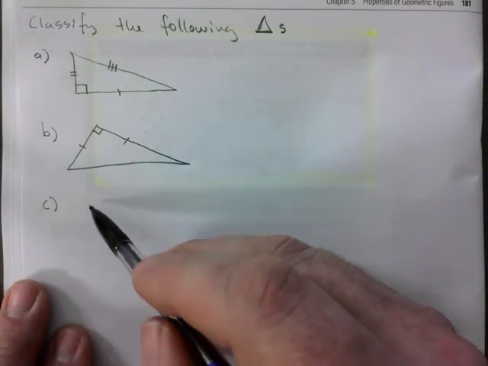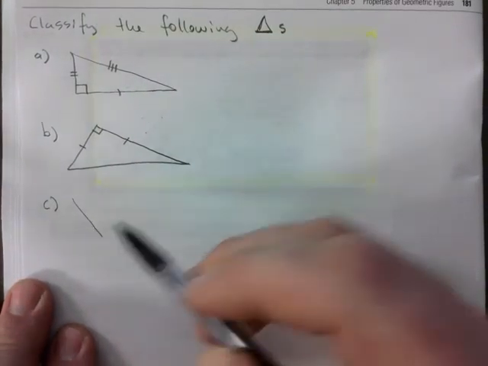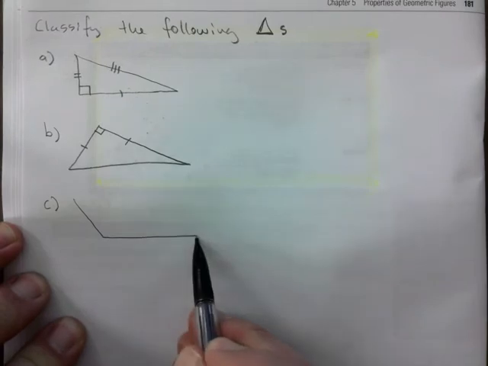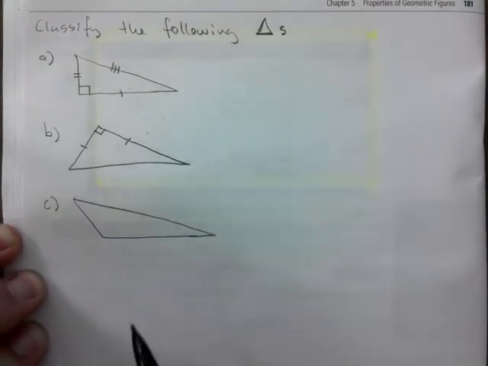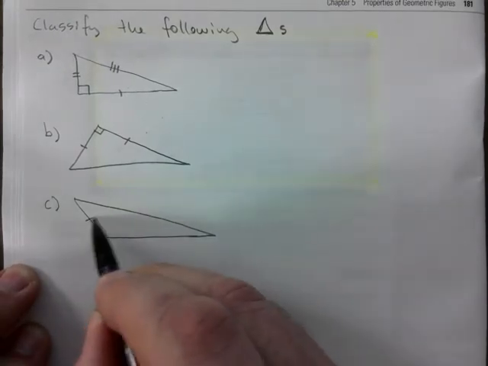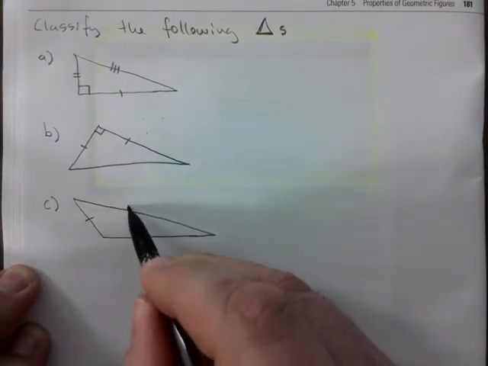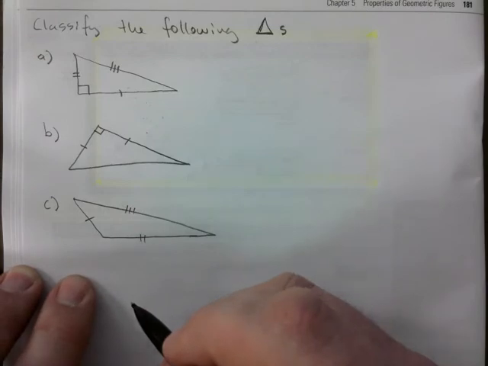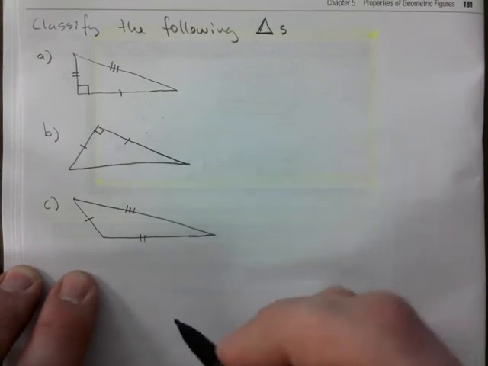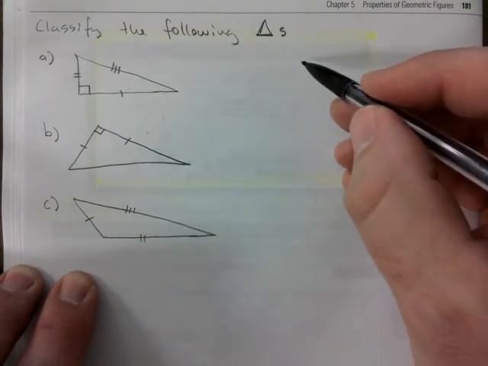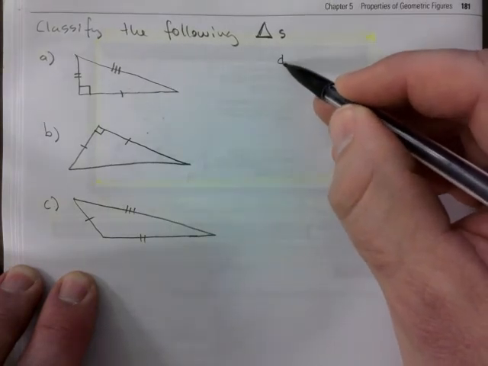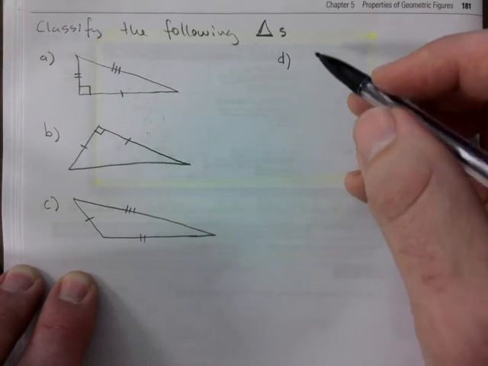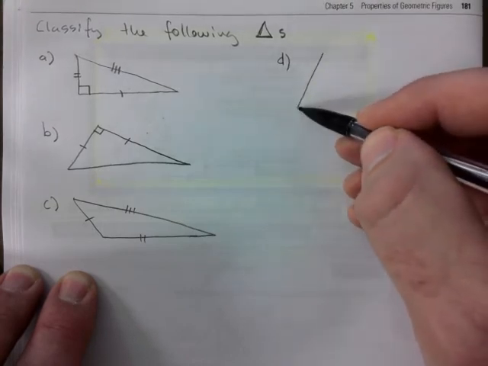Some are not drawn just like the way they should be, but this is D. Make sure you write these down.